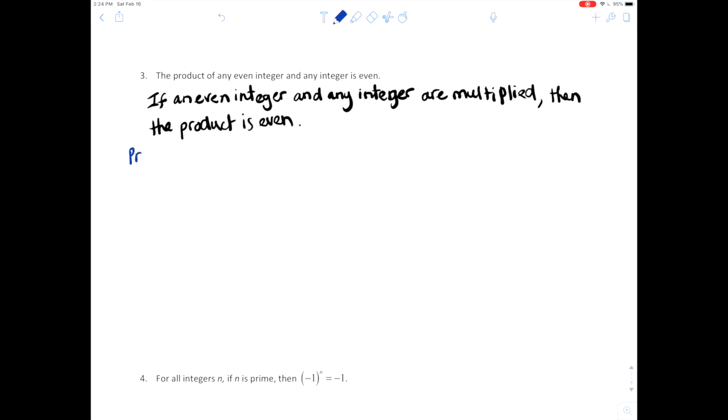All right, so proof. We need an even integer and we need any other integer to serve as our basis.